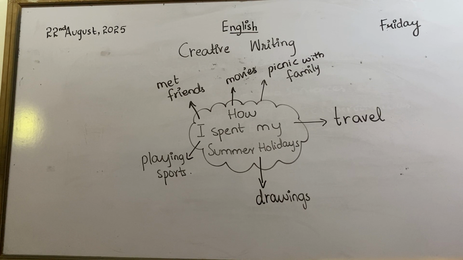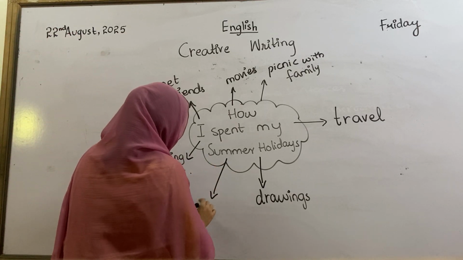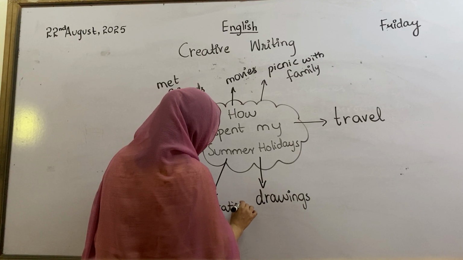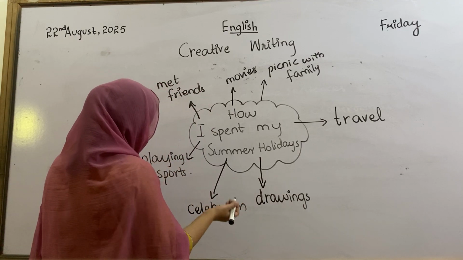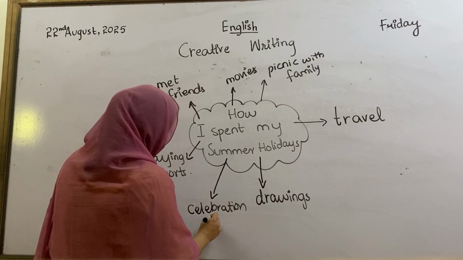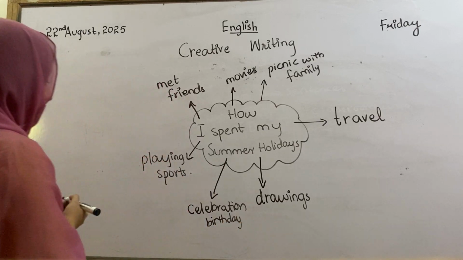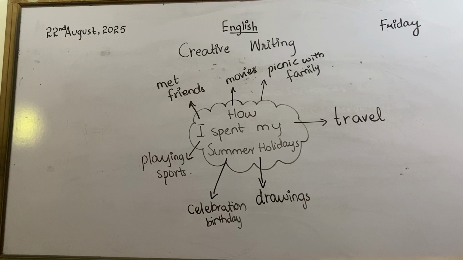Who has done celebrations? There must be some students whose birthdays are in the summer vacations, right? So the celebration can be anything. It can be even your birthday celebration or the celebration of any other good thing happening in your life.